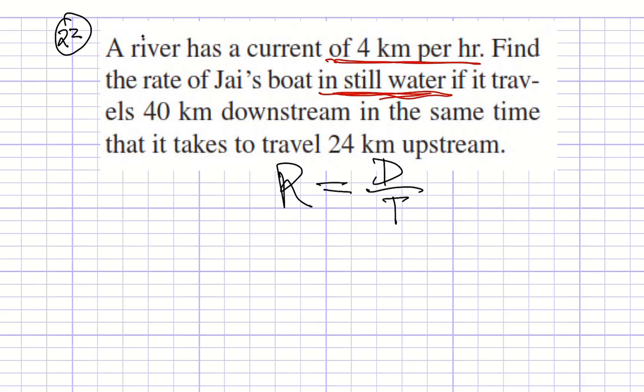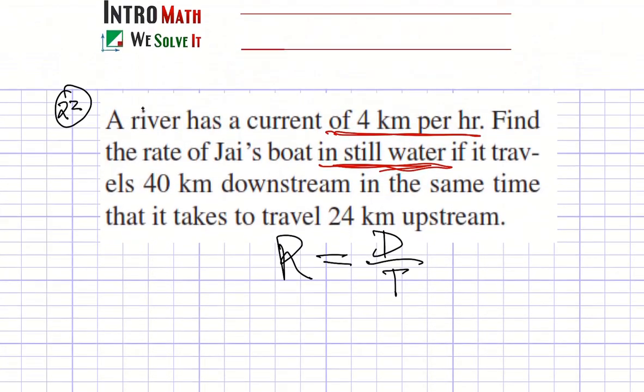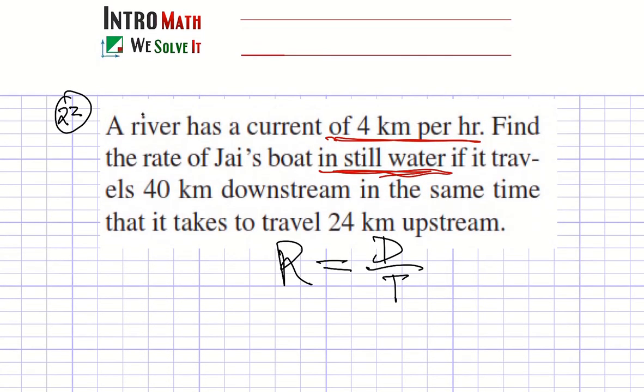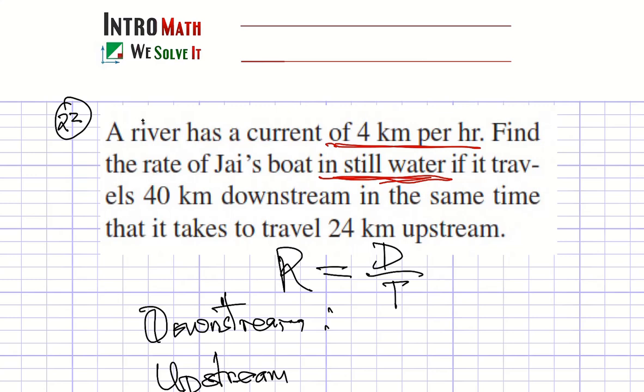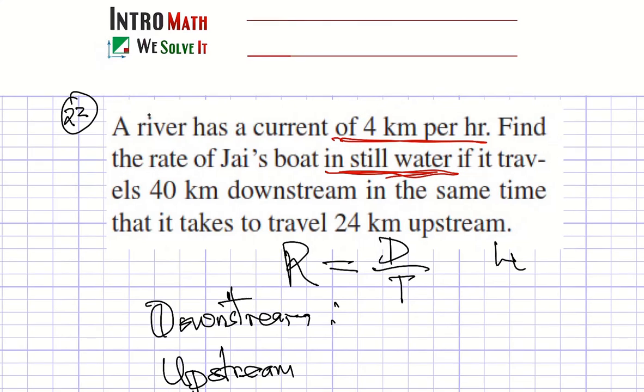So now notice there are two ways you look at the problem. Downstream. Okay, when it goes downstream and when it goes upstream, okay, those are two. Downstream and the upstream, okay. When you're going downstream and when you're going upstream. So what you do is say let x be the rate we're looking for.